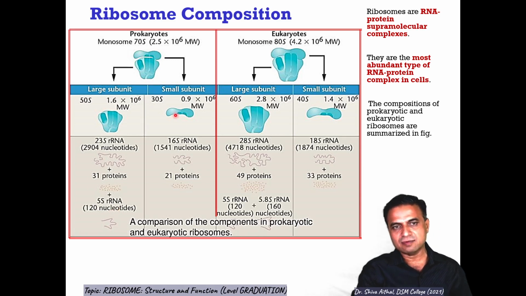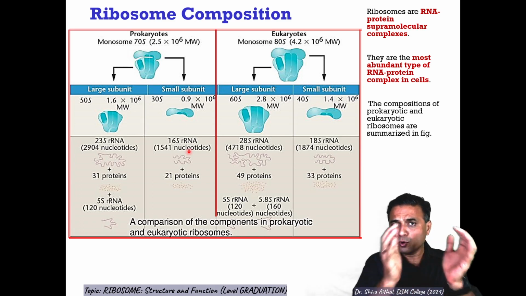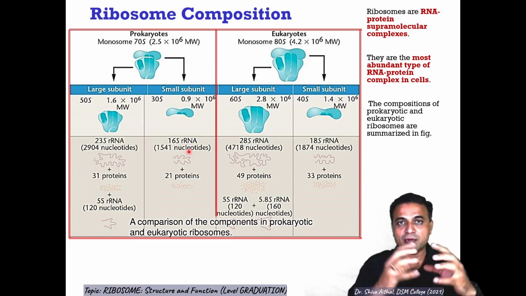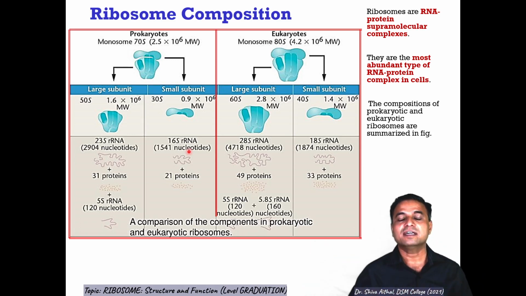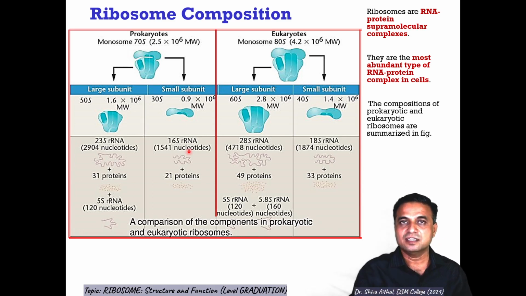Now see the same with 30S subunit. It is made up of only one RNA, unlike the two RNAs here. Means a prokaryotic ribosome is made up of three different types of RNAs. 3 RNA, one is 23S, another is 16S, another is 5S. 16S is present in 30S subunit.